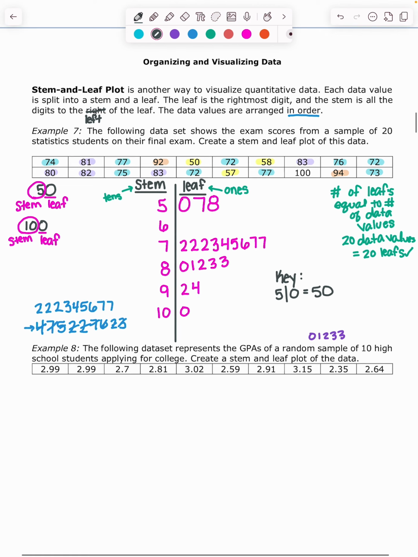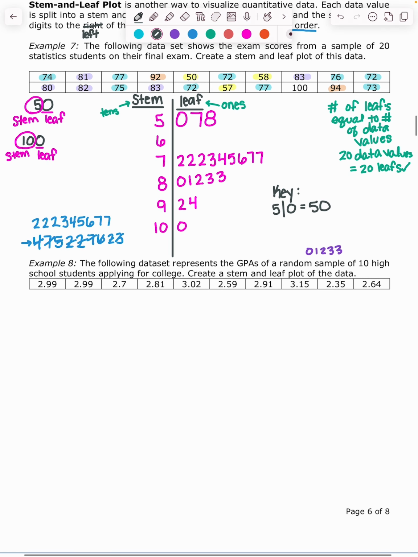Now we're going to do another example. In this example, we have GPAs for 10 students, and we're going to do a stem and leaf plot for these ones. Now notice this data: we have 3 digits for each one, and one of them only has 2.